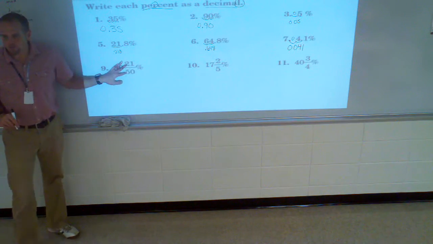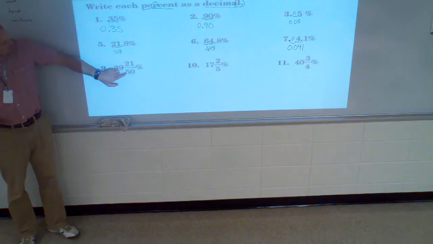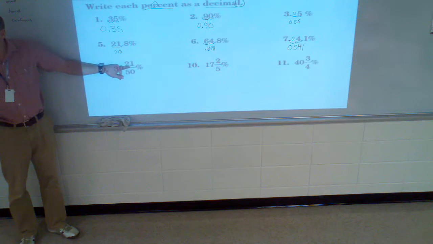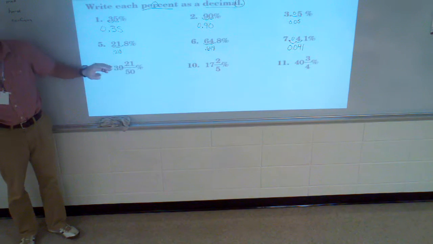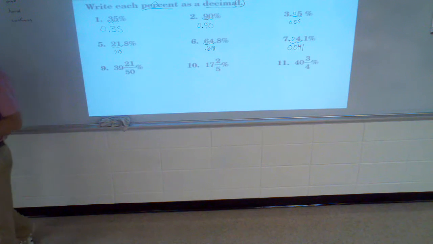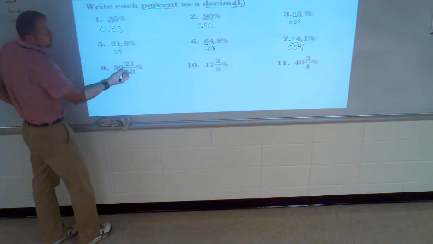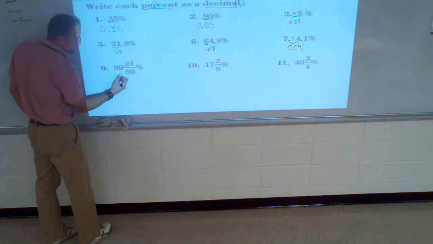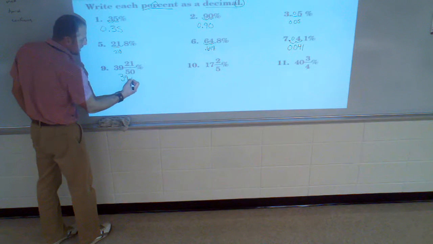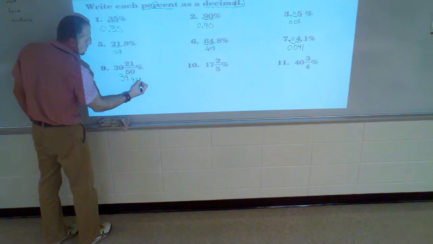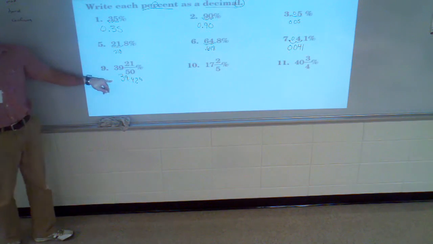Now, let me show you this one. 39 and 21/50ths. We need to change this into a decimal first. So, take your calculators and take 21 divided by 50. Amy, what'd you get? Okay, 21 over 50 is 0.42, so this is going to be 39.42%. Does everybody see this?